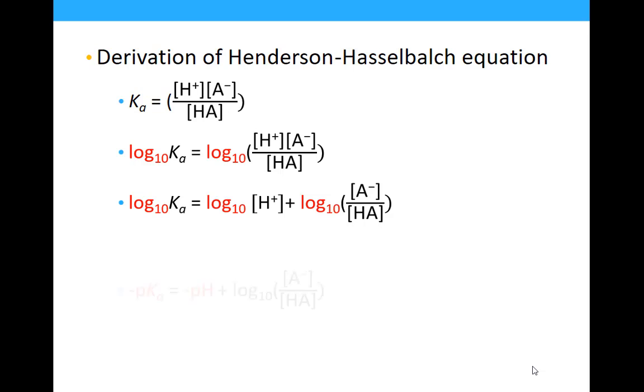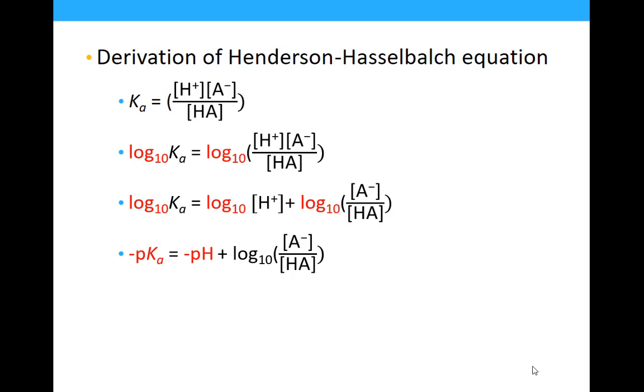Okay, so if I write it this way, is that okay? Log of H plus concentration, I can replace it with minus pH because it's the negative log, right? Because I took the log here, the pH, I have to do the same thing over here. This is log of Ka, so I call it minus pKa. Both sides, because when you do something here, you have to do the same thing on the other side, right?